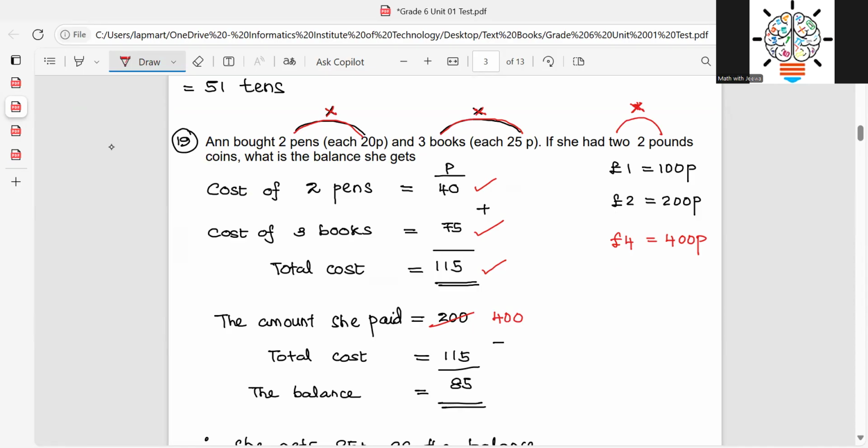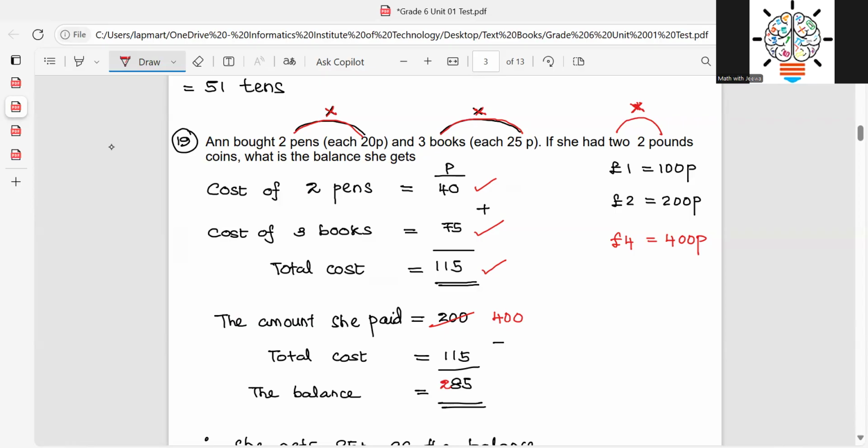So then 2 pounds is one coin, let's say, and she had 2 such coins. So that means altogether she had 4 pounds. 4 pounds in the sense 400 pence. So from 400, when I deduct 115, it gives me 285, right?